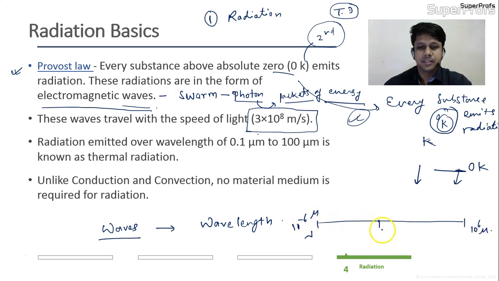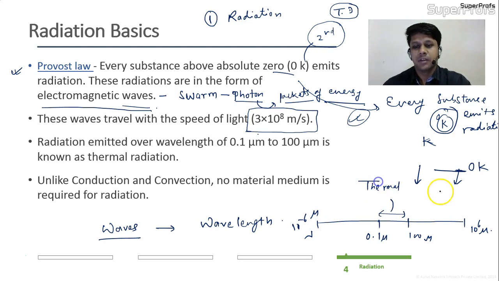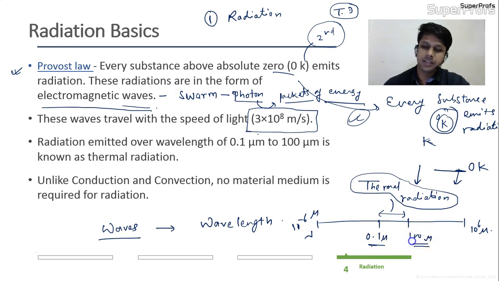So in this range, if a wave is having wavelength of 0.1 micron to 100 micron, then these kinds of waves result in thermal radiation. So not all waves are resulting in thermal radiation. The range of thermal radiation is 0.1 micron to 100 micron. They can ask this in 1 marks. What is the range of thermal radiation? What is the range of wavelength?